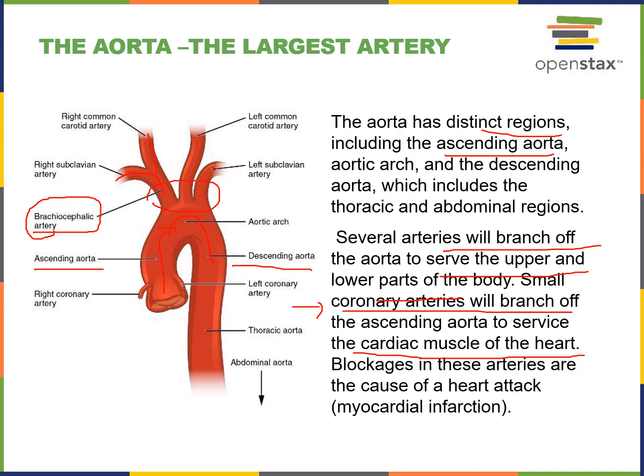The right subclavian is going to be by the shoulder, and the common carotid is going to go up the neck, very close to the face. There's a left common carotid artery, and then there's a left subclavian artery. So those are the three. Those three, yes, I think you should know.